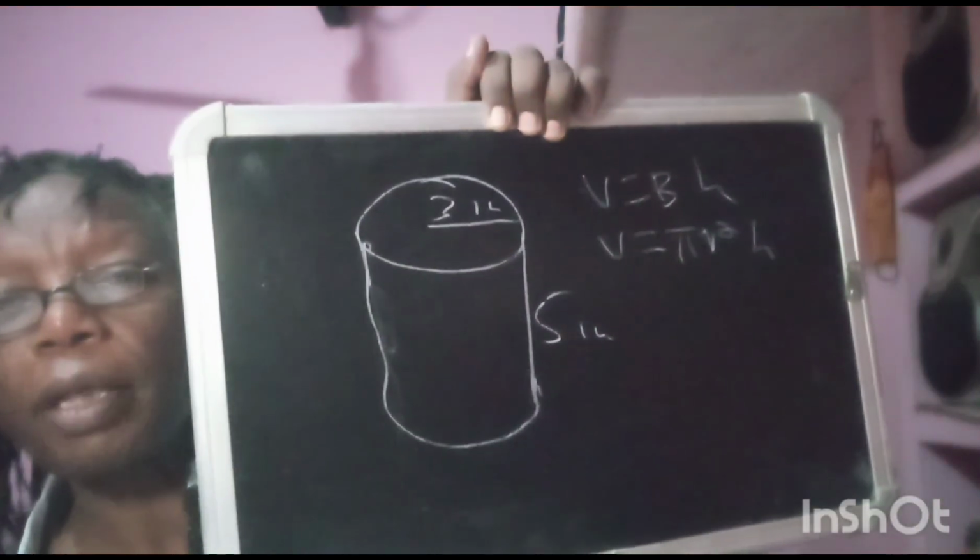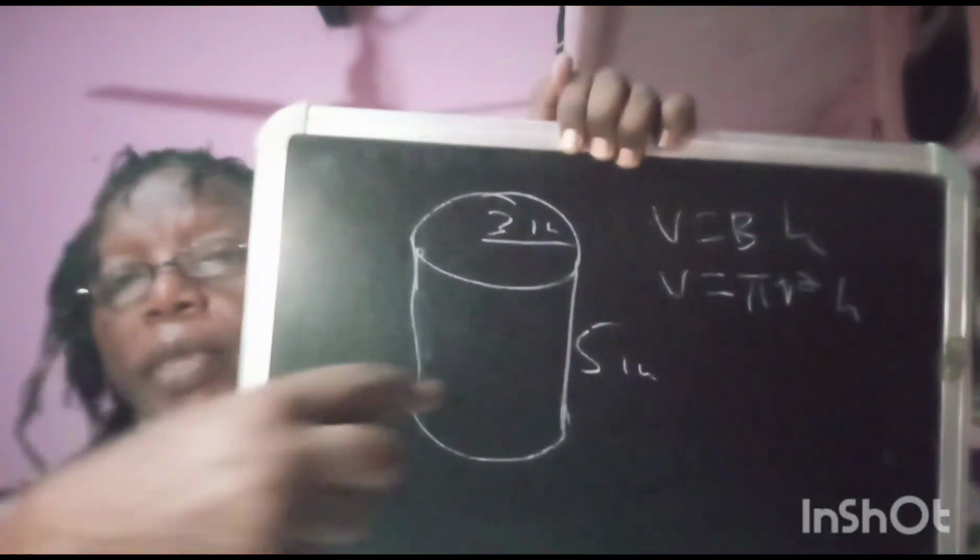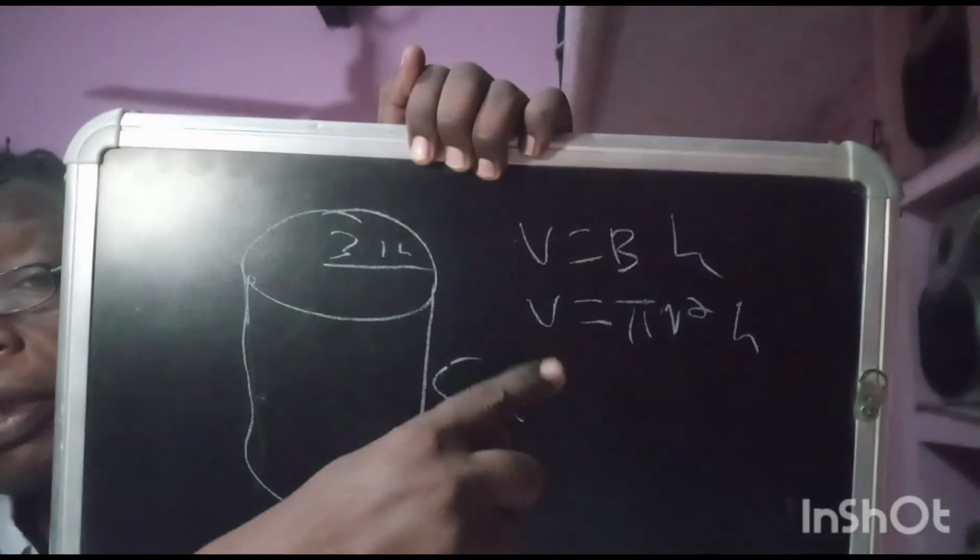Volume is equal to pi r squared h. Okay, so I'm doing something afresh. I've drawn this cylinder, and then let's now go to volume is equal to pi r squared. R is 3, that will give us 9.